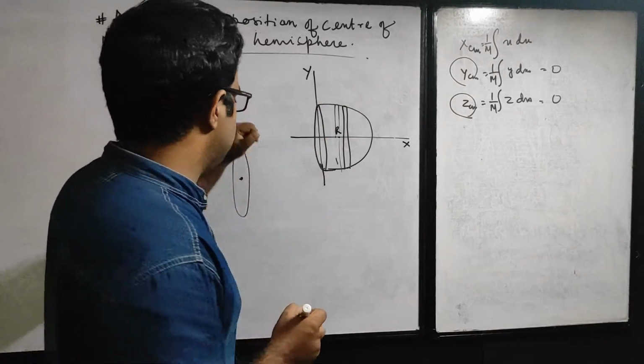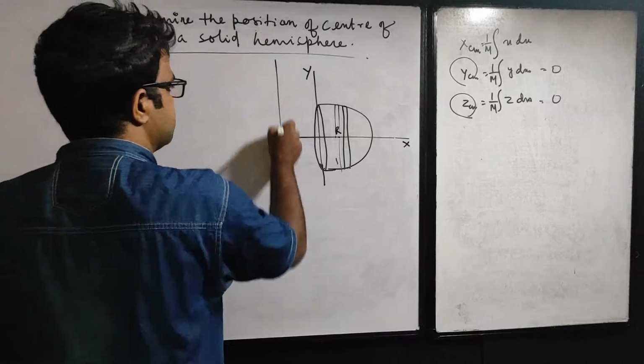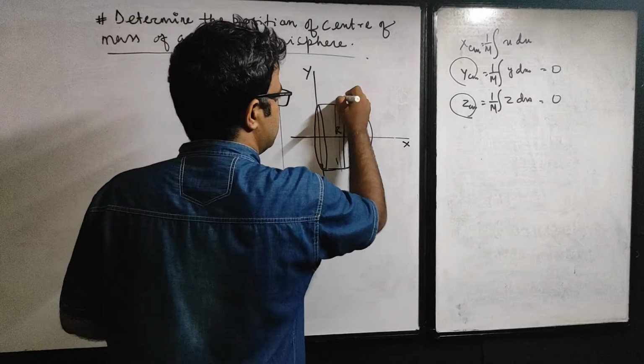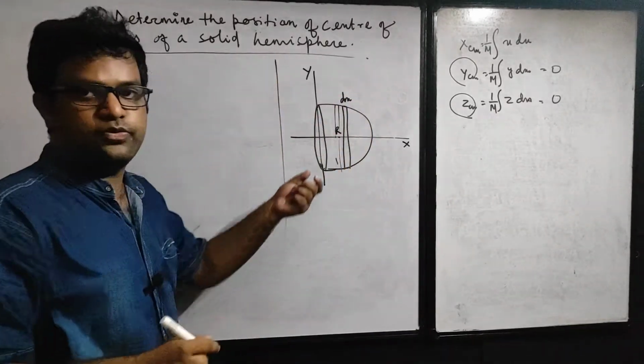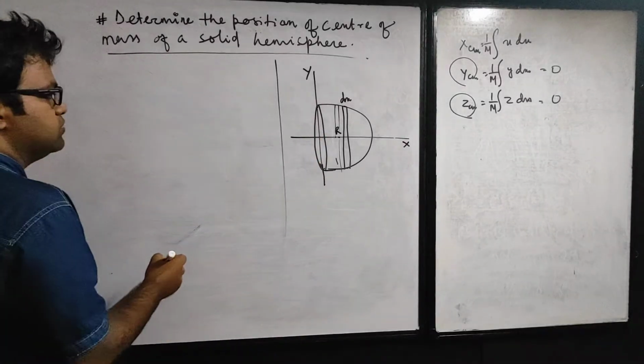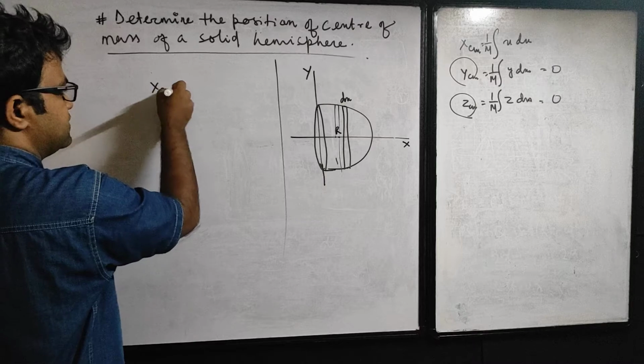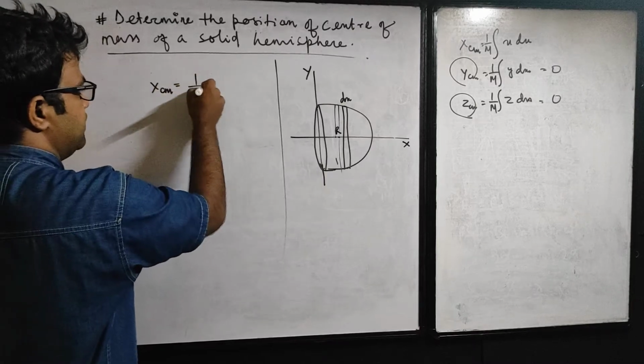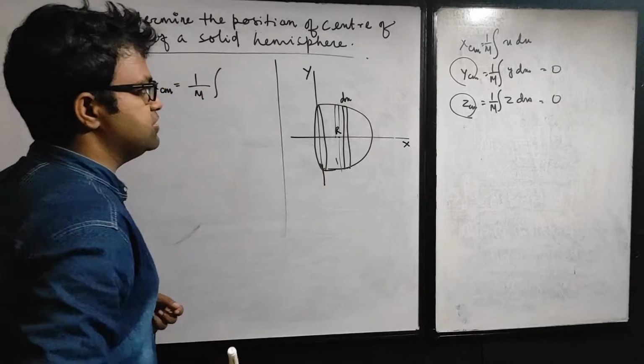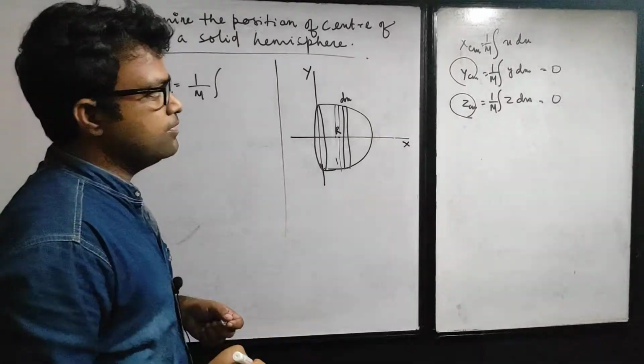So let us calculate the xcm, and let's say this width is dx. We'll use our formula to calculate xcm, that is 1 upon M integration x dm.